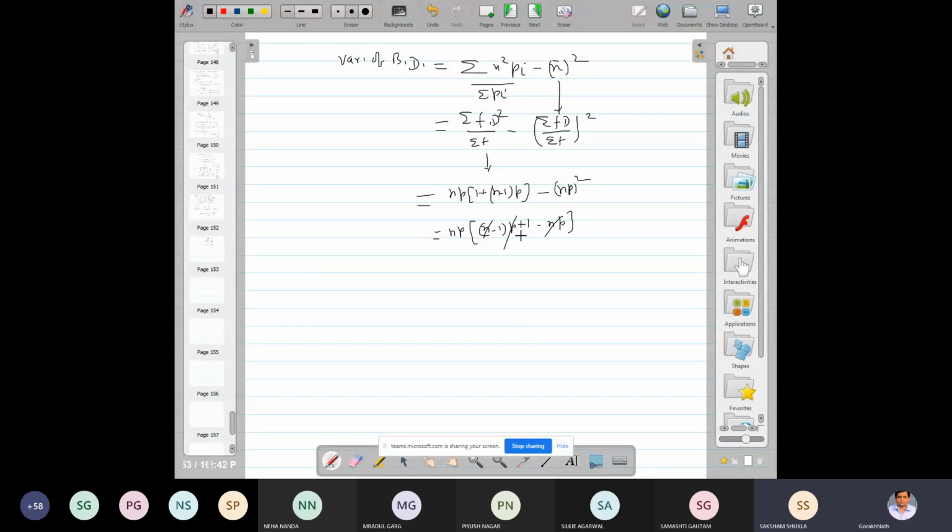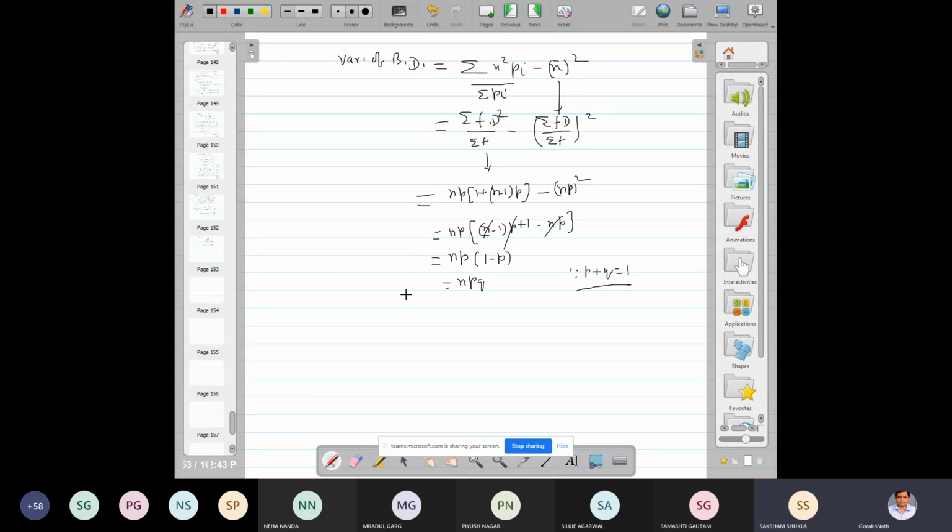Okay, this will be np into (1 minus p). So this is npq, since p plus q is equal to 1.